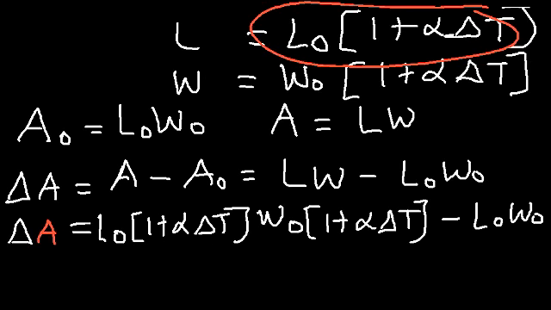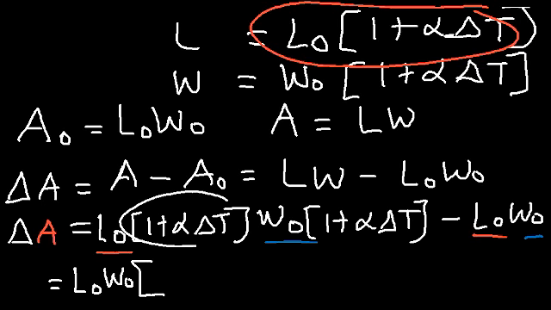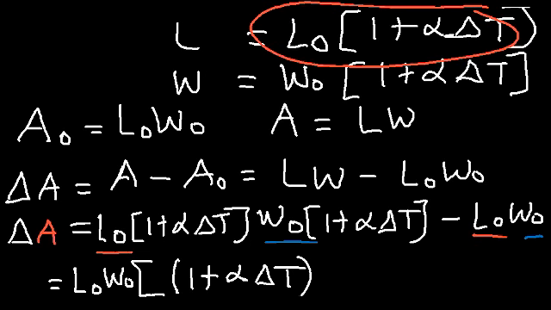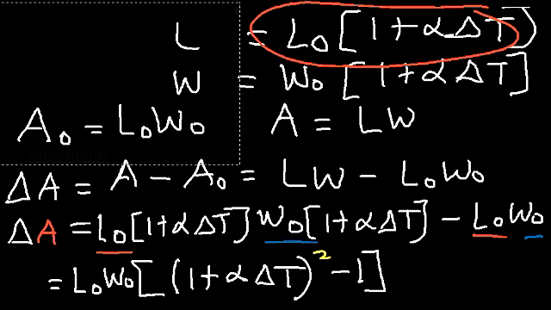So notice that we can take out an L0 and we can factor out a W0. So let's go ahead and do that. So this is going to be L0 W0, and notice that we have these two terms, which since we have two of them, we can write them as 1 plus alpha delta T squared, since we have two of them. And we took out both L0 and W0, so we're left with minus 1. So now let's clear away some space.